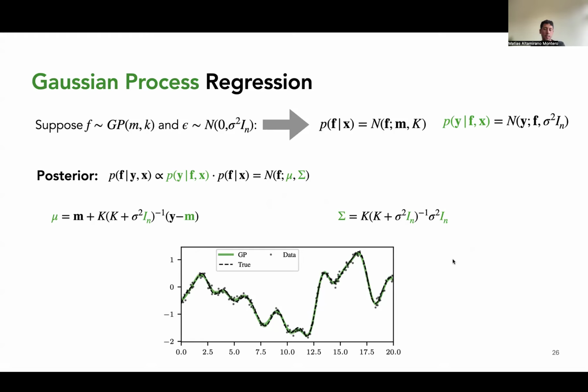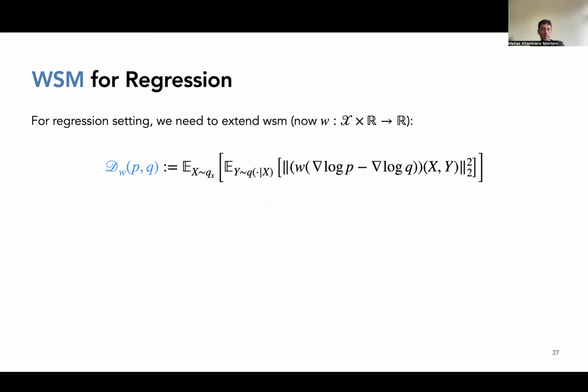So how can we extend this score matching based approach to this setting? We have to extend the weighted score matching to a regression setting. The way to do it is that rather than have an expectation only over X, you have a double expectation over X and Y, where X are your covariates and Y are your observations.